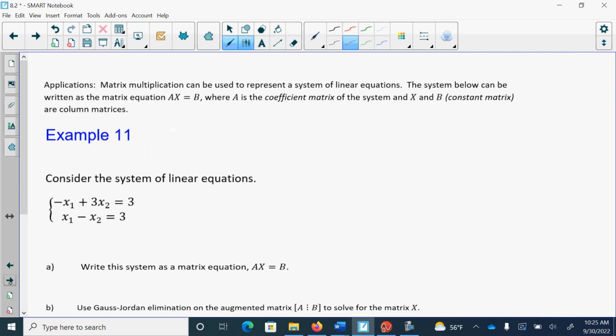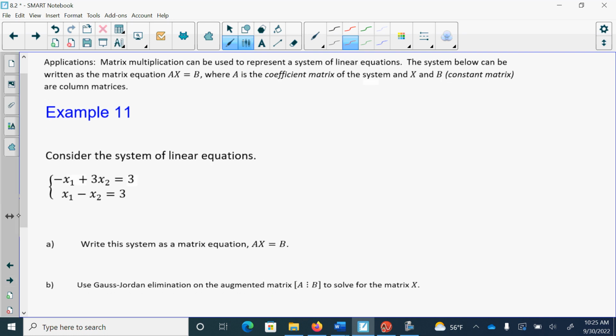Perfect. Okay, so if I want to solve a system, there's a way to do it with matrices and matrix multiplication. They have it written with x1, x2. I'm going to rewrite that, because this is copied directly from the book. So I write -x plus 3y is equal to 3, and then x minus y is equal to 3.